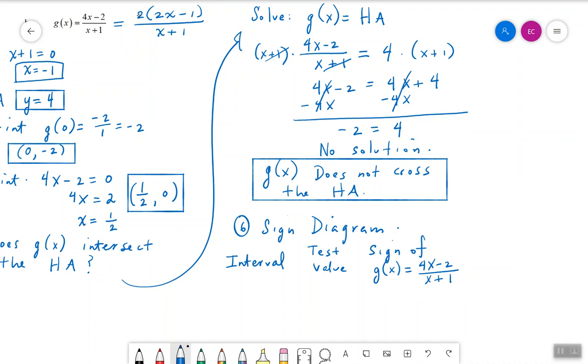We could use the factored form with the 2 out front, but that's not going to make much difference. And of course the question we're trying to ask is, is g of x above or below the x-axis?